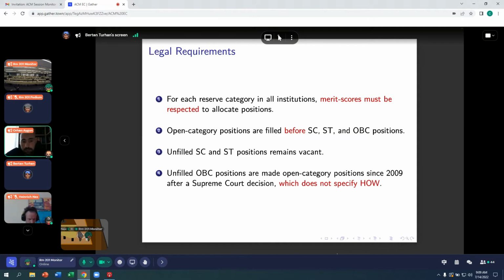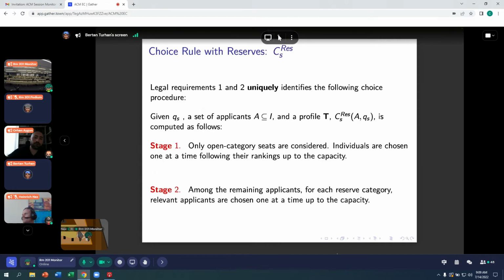But the law or legal documents do not specify how we should run this dereservation process. Okay.